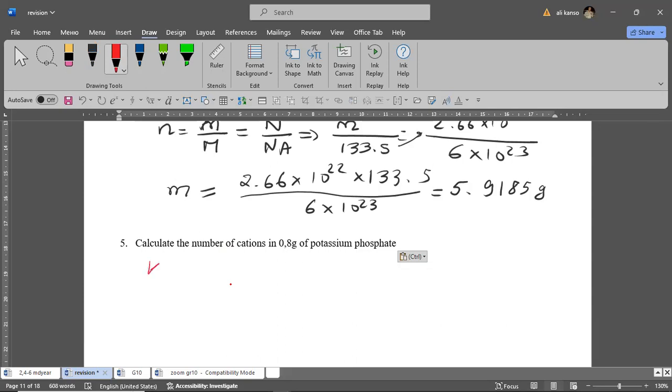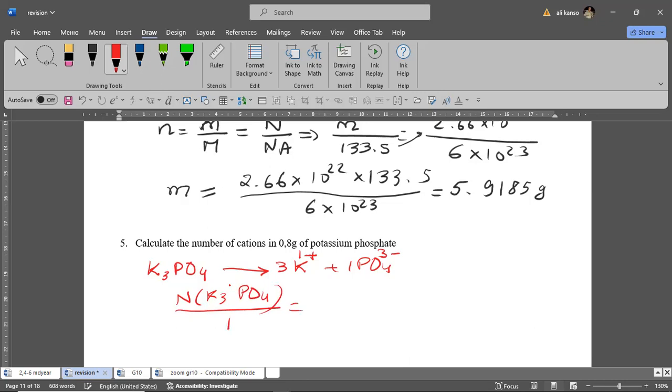We wrote it up. Potassium phosphate K3PO4. It has 3 K and 1 PO4, so this one plus 1 and this one minus 3. The relation in between is that number of K3PO4 divided by 1 is the same as N of K plus divided by 3. We have to find this number.